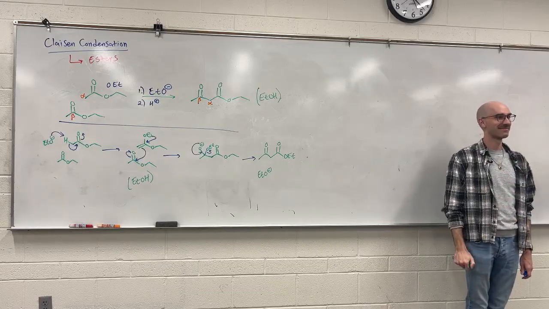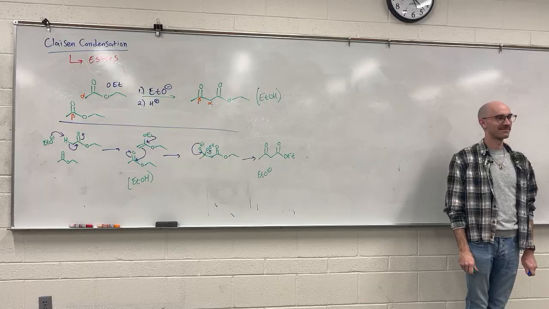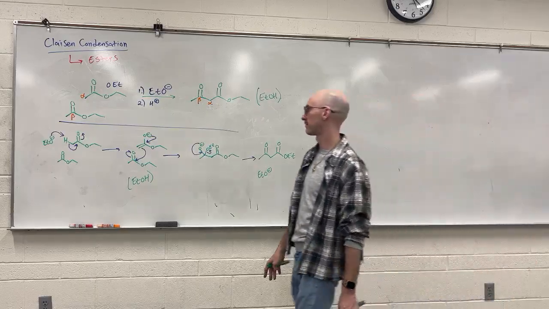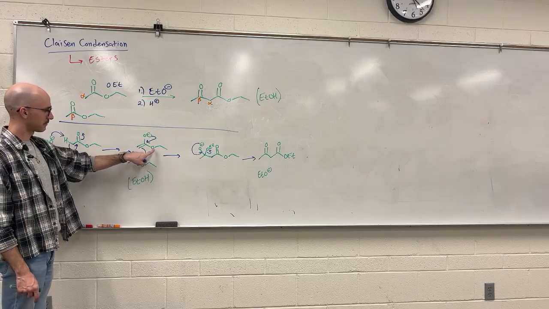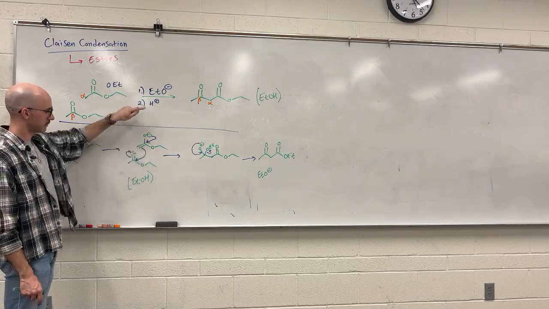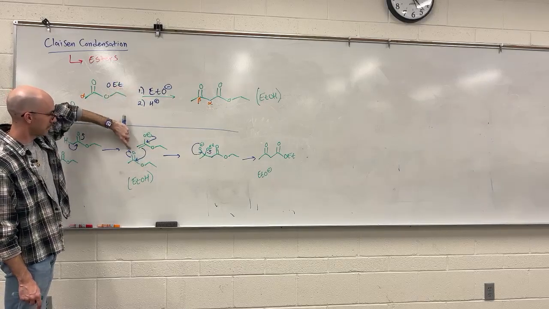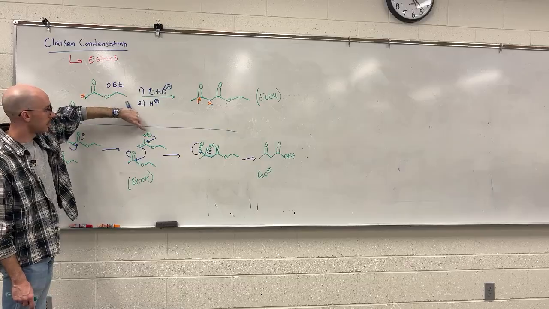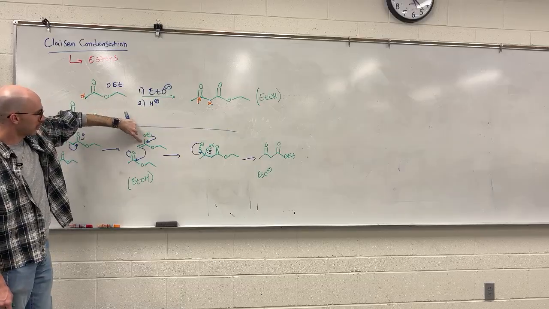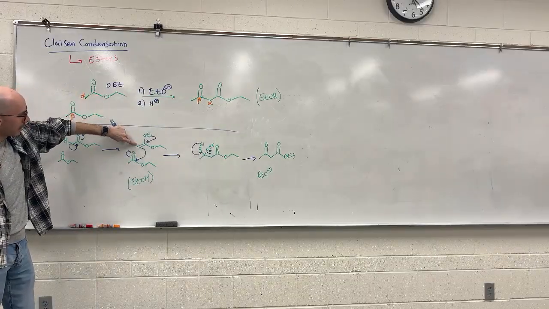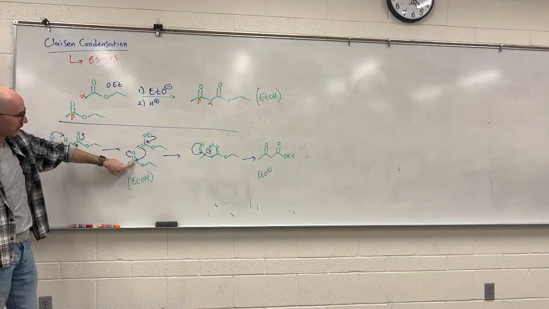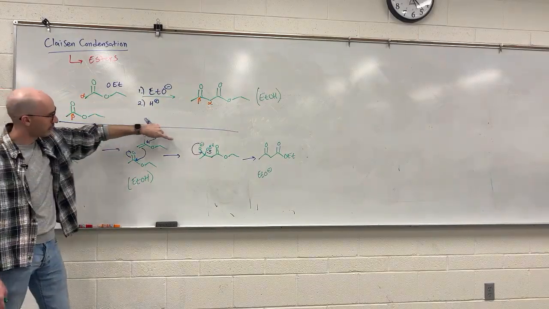Lily? This one? Like the one on the first step that we moved so it would have a negative charge? This one. So negative charge becomes a carbonyl. Here's that carbonyl. And carbon attacks carbon, breaking the carbonyl open into a negative charge.